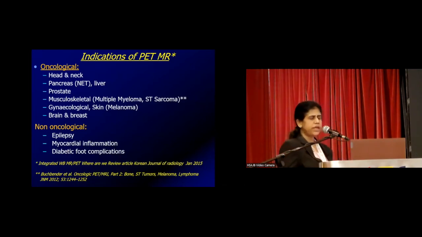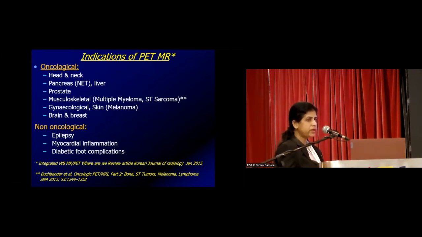So these are the indications of PET-MR. It's a selective usage. Only certain specific malignancies, in both oncological and non-oncological indications, are to be subjected to PET-MR because of the longer imaging time. Patients who need exquisite anatomical details are subjected to PET-MR imaging.